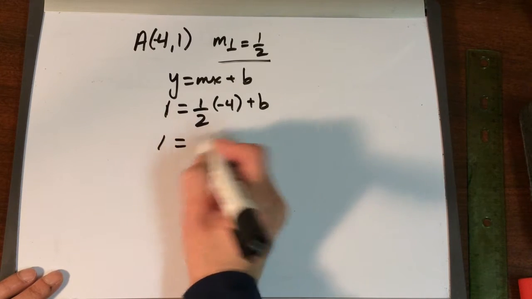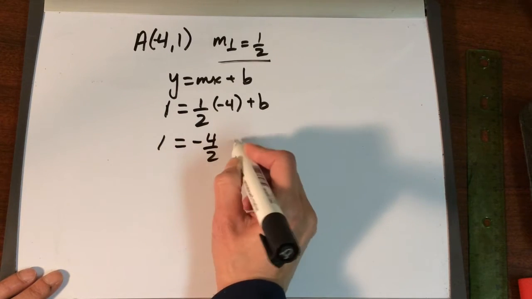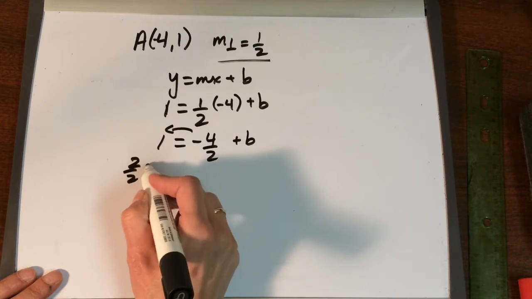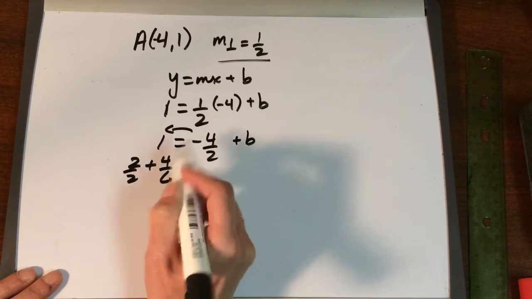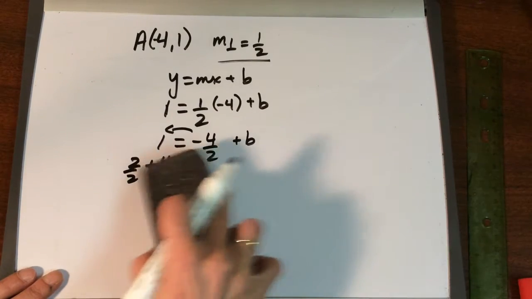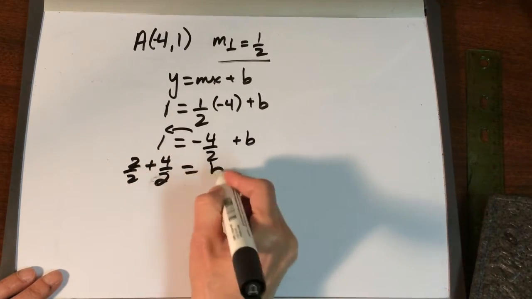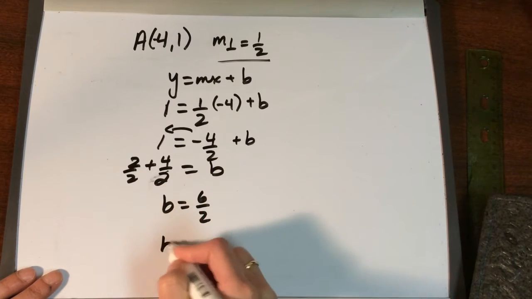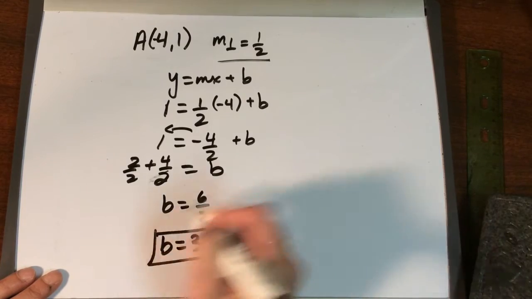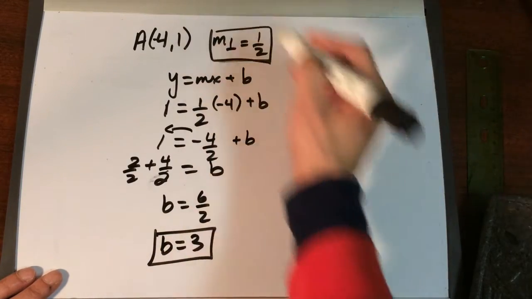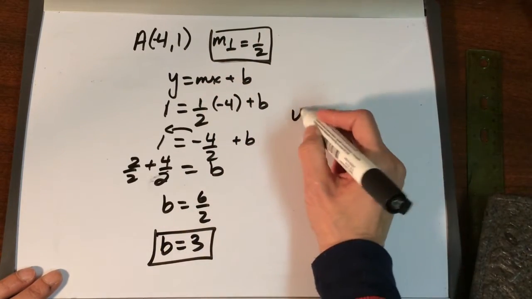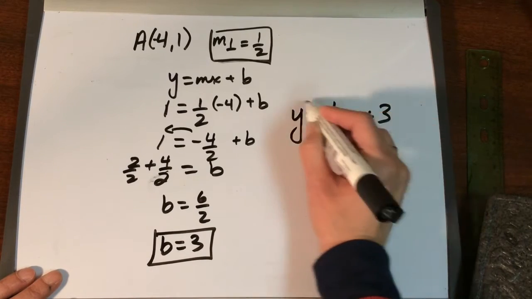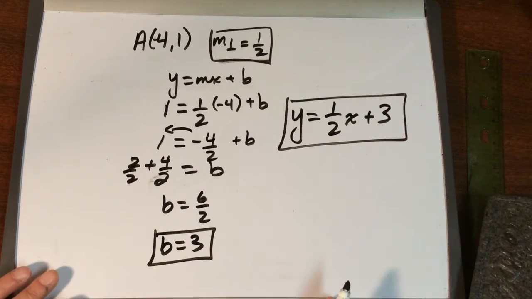So we have 1 is equal to -4/2 plus b. Bring that over, that's 2/2 plus 4/2 is equal to b, so b is equal to 6/2, b is equal to 3. And so I've got my slope, I've got my y-intercept, y is equal to 1/2 x plus 3. That's one of my equations.